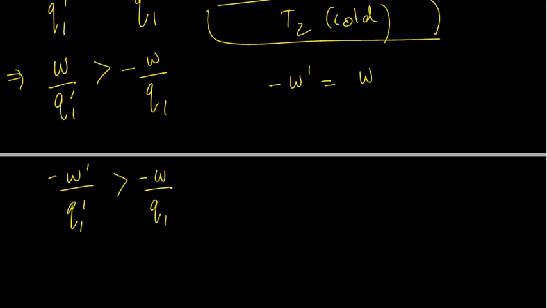Sir, what is that, minus W by Q1? So this is the efficiency of the Carnot engine, and this is the efficiency of the reversible engine. Q1 or Q1 prime? Yes, Q1 prime is there.